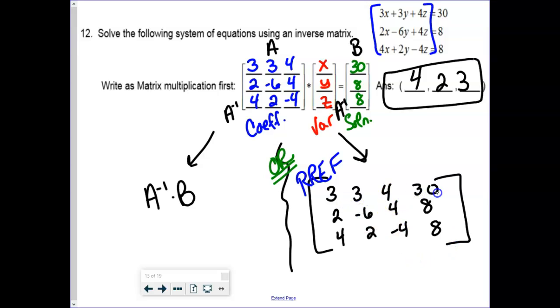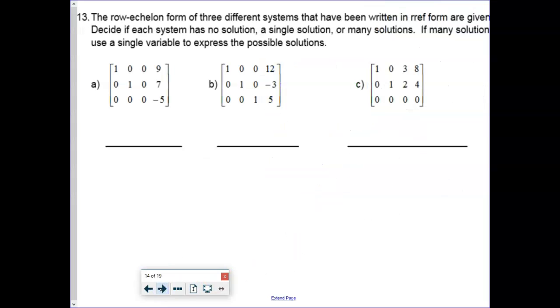So you got 3, 3, 4, 30, 2, negative 6, 4, 8, and 4, 2, negative 4, 8. Yeah? Oh, no. Okay. I was going to say, if it's typed right and you still didn't get the right answer, now I'm perplexed. All right. So, and that's usually the way it goes, Taylor. So, I mean, just you knowing that it was supposed to be a nice answer and you didn't get one would make you go back and double check your typing.